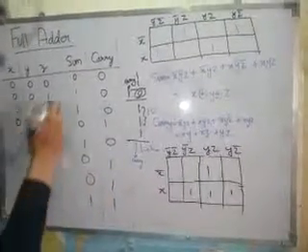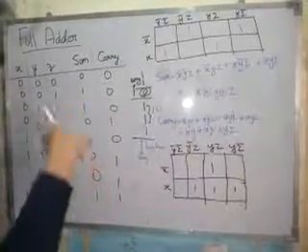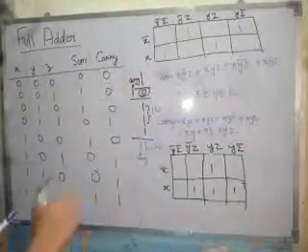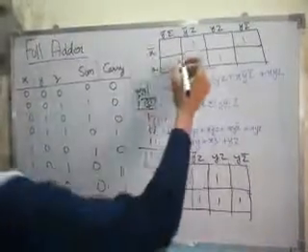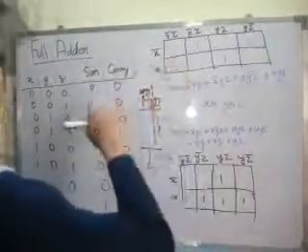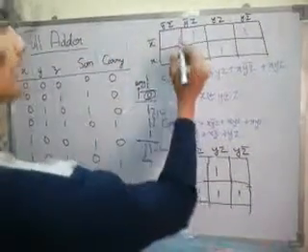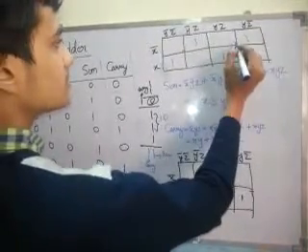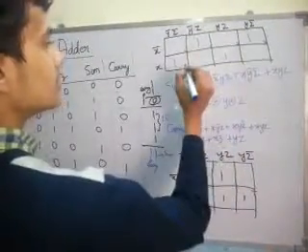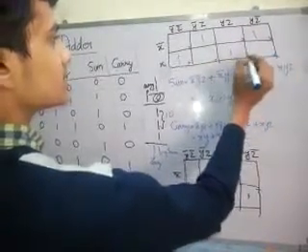So this is 1 here, 1 here, 1 here, and this we will substitute here in the K-map. We already know the technique of K-map that we have studied in the previous lectures. So this would be 1 and 1 here. This is 0, this is 1, this is 2, this is 3, 4, 5, 6 and 7.